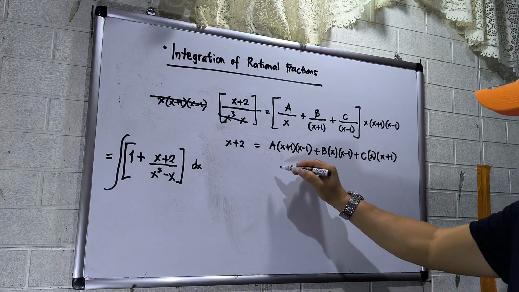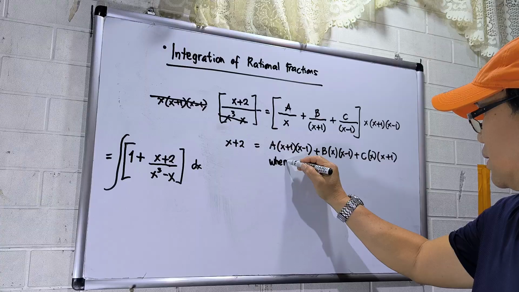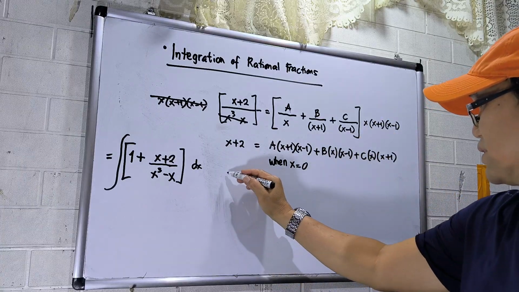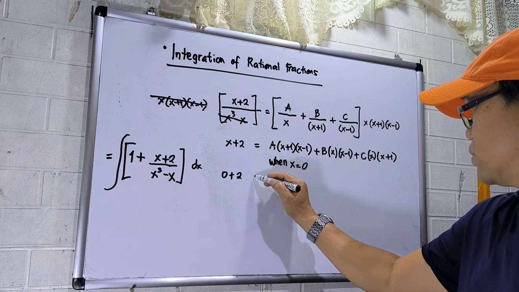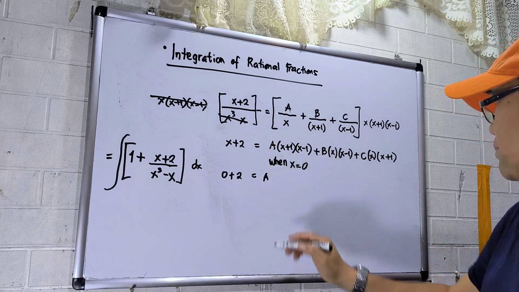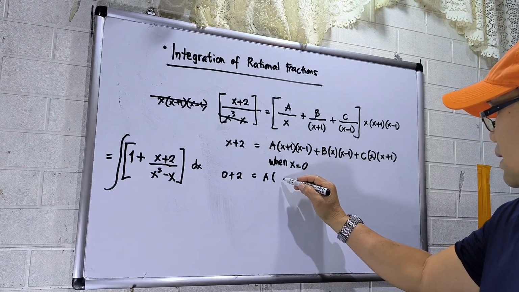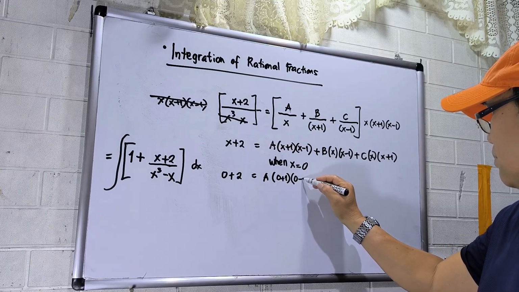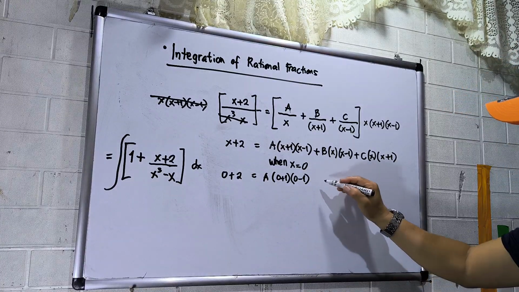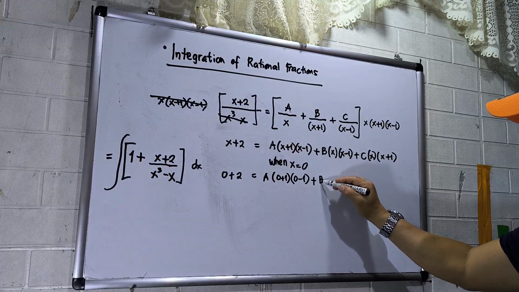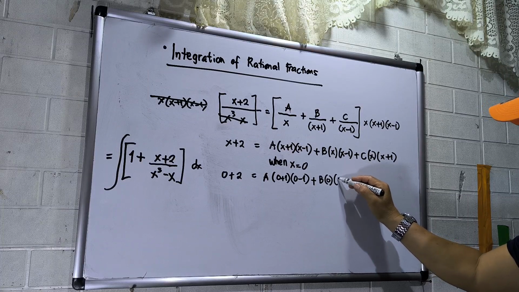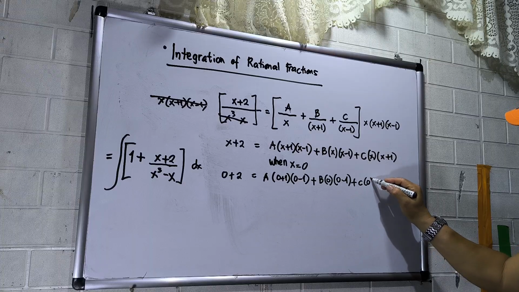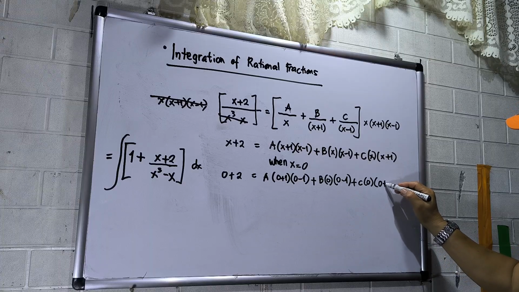Okay, so when x equals 0, we have 0 plus 2 is equal to A times 0 plus 1 times 0 minus 1, plus B times 0 times 0 minus 1, plus C times 0 times 0 plus 1.